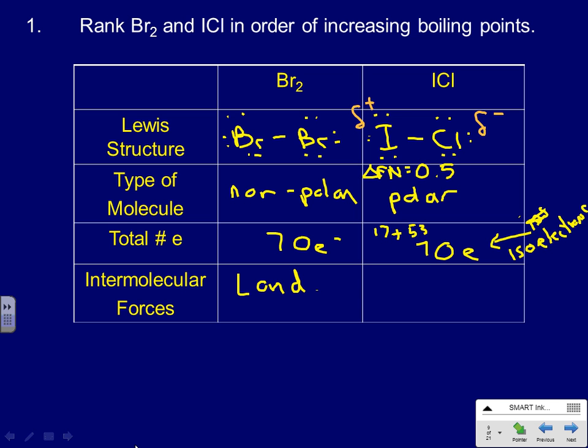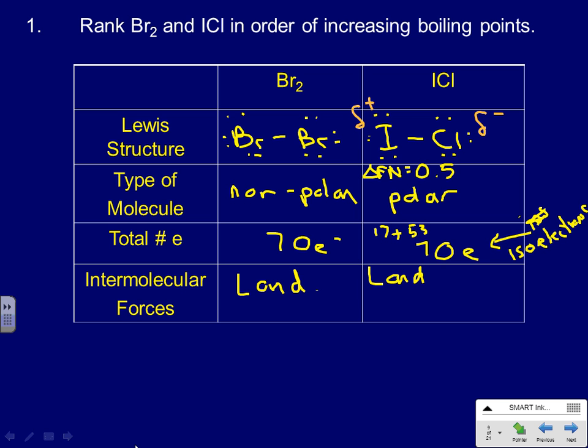All right? We heard that term last year. It means the same number of electrons. So it's isoelectronic, which is good, because what's going to be true about the strength of the London forces? They're going to be equal. They're going to be the same, which means the only effect here that we're really seeing is the polarity effect. So what are the London forces?